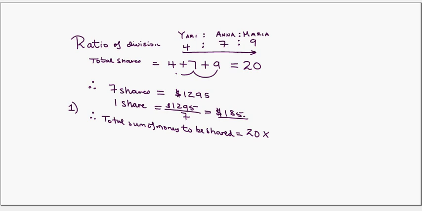So 20 multiplied by $185 works out to be $3,700.